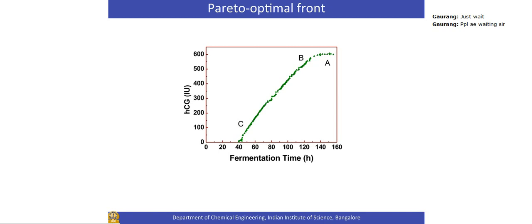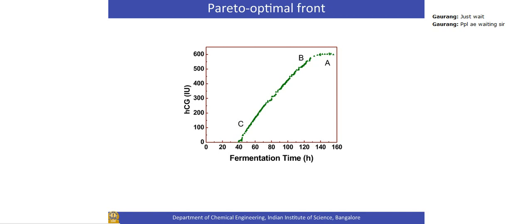It tells us, for example, if my operating time is 100 hours, then the maximum amount of protein that I can get is this particular quantity. Put another way around, if this is the amount of protein that I desire, then the minimum time that I require is 100 hours.